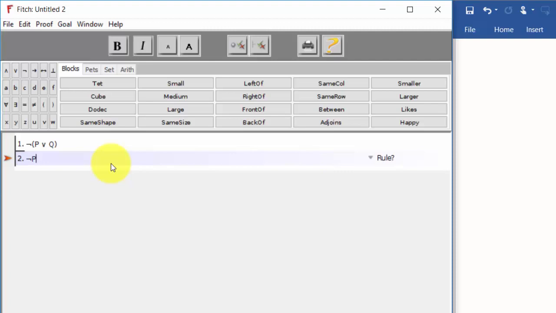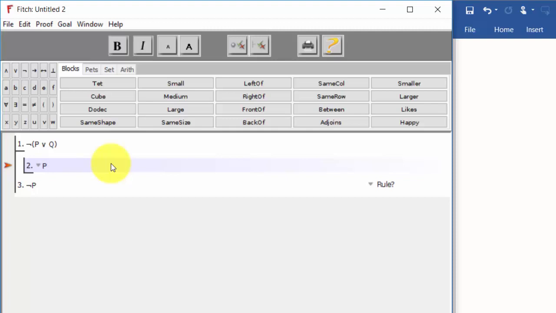That is, it is not the case that P is true. To do that, what I'm going to do is introduce my own assumption. And I'm introducing the assumption to try to prove myself wrong. So you can imagine that at step 2, what I'm doing is, hey, let's assume that P is true and then see if that ends up being wrong.